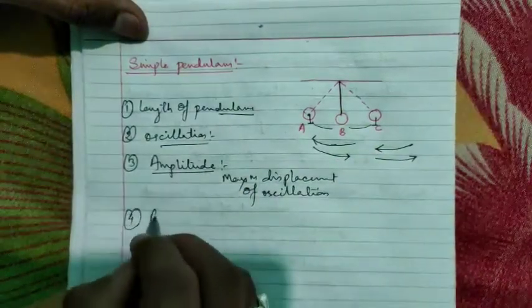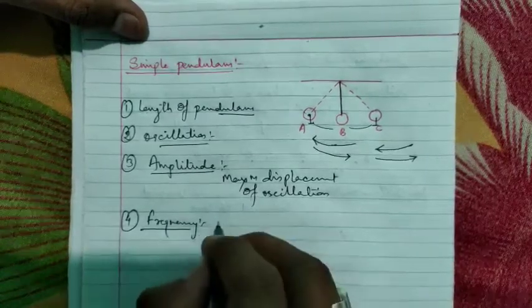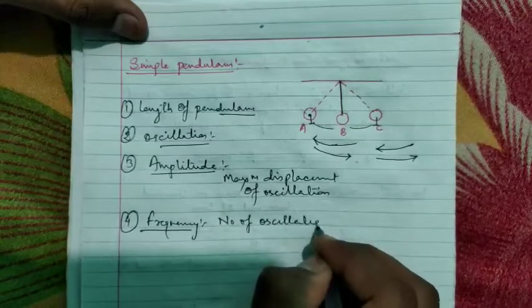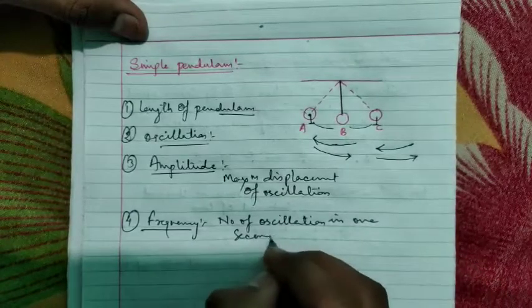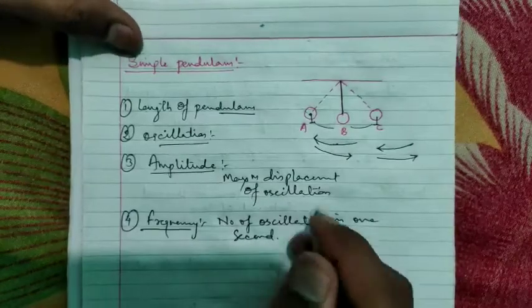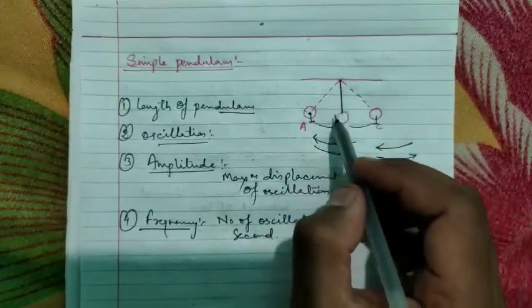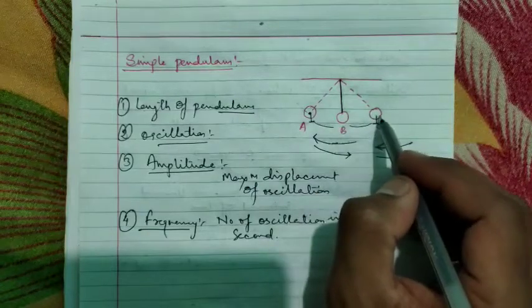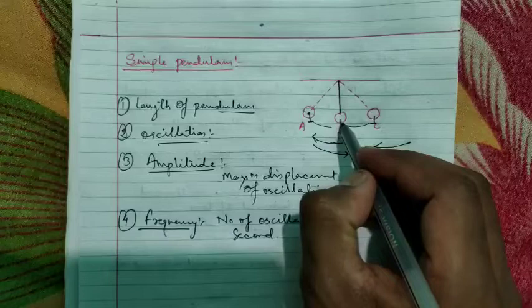Next, the fourth term we will see is frequency. Frequency is the number of oscillations in 1 second performed by the pendulum. One oscillation means that when the pendulum starts, it goes to this side, again it comes to this side, then comes back to the final position, that is the equilibrium position.